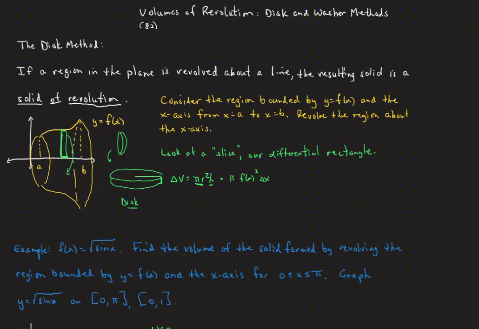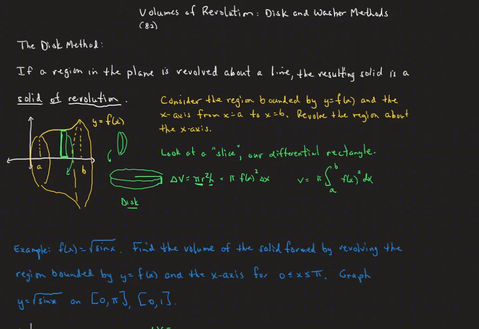So in this case, our pi r squared is going to look like pi f of x squared delta x, and so our volume would be adding up the volume of those slices. We can pull the constant pi outside, integrate from a to b, and we would get our function, in this case f of x squared, and that delta x would become dx.